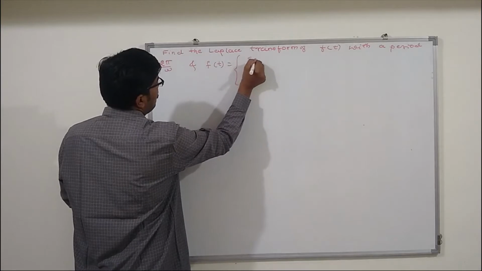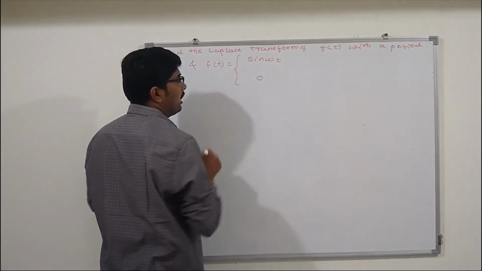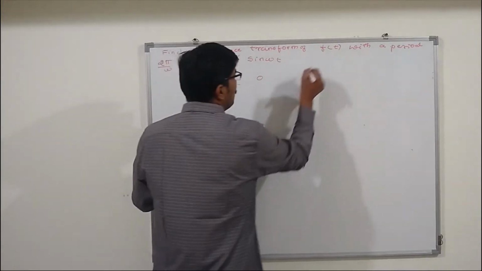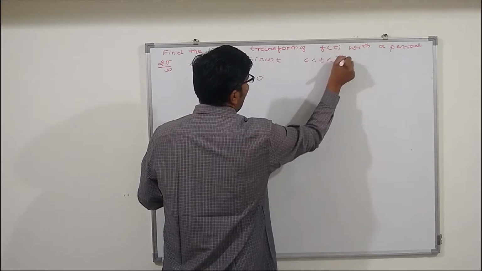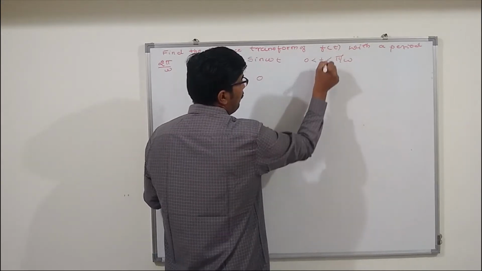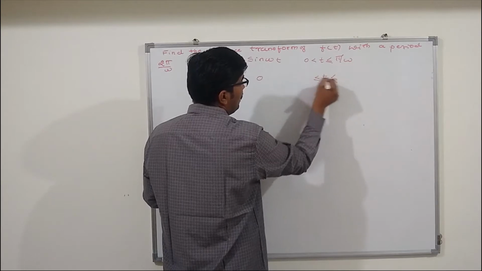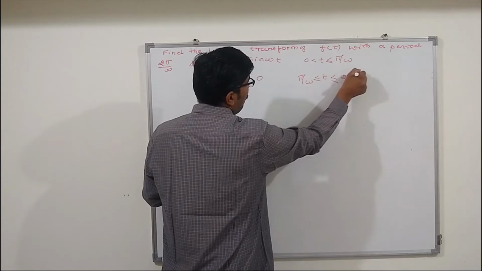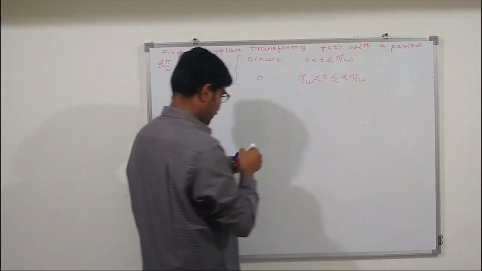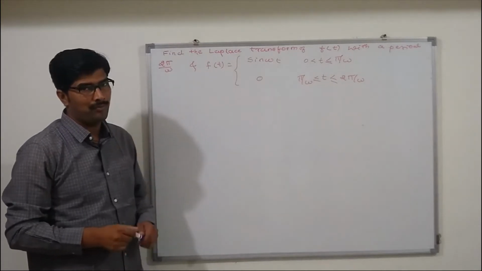First function is sin omega t and second function is equal to 0, where t lies in between 0 and pi by omega, and for the second one t lies in between pi by omega and 2 pi by omega. For this we have to find the Laplace transform.